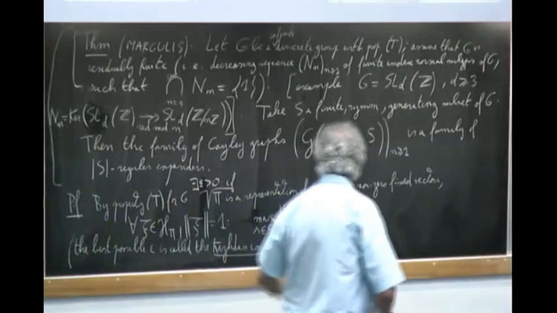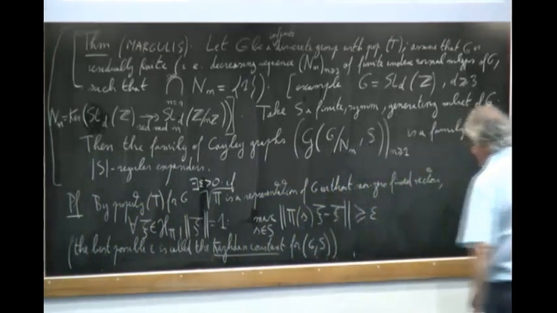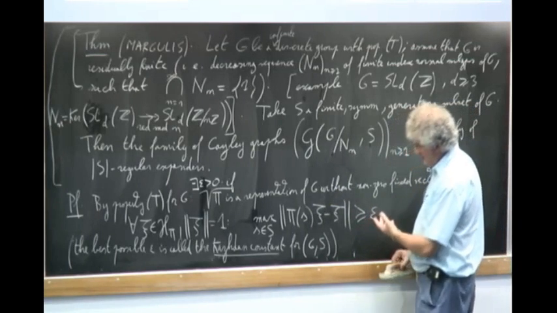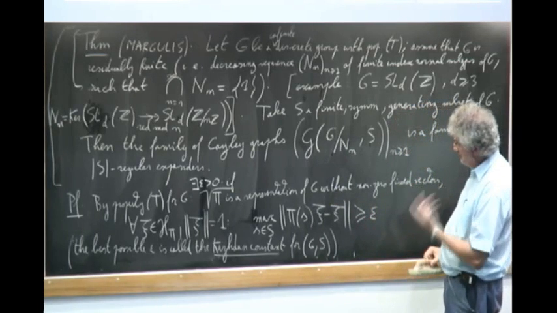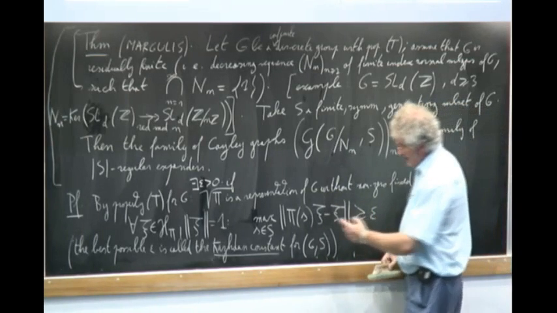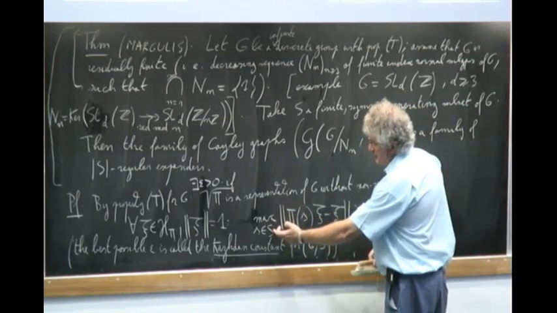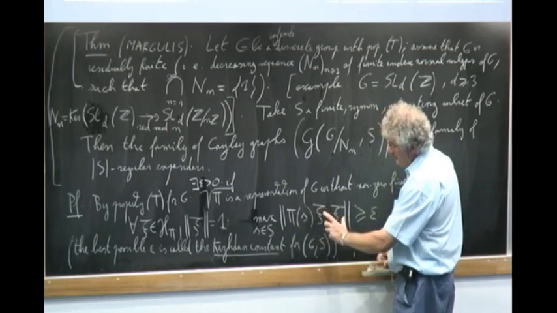What is important is that we have this epsilon. So this tells us that whenever we have a representation without fixed vectors, for every unit vector we can find at least one generator which moves it by at least epsilon.